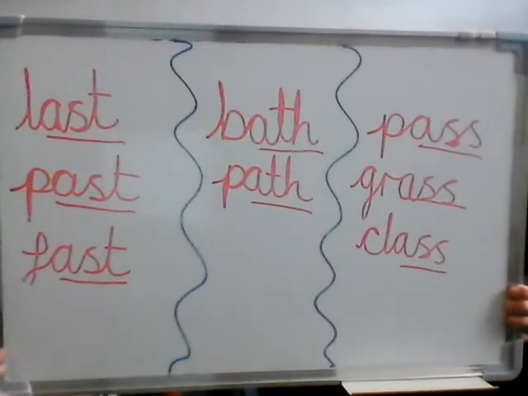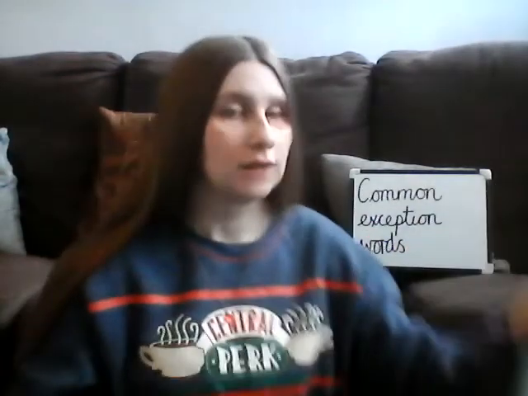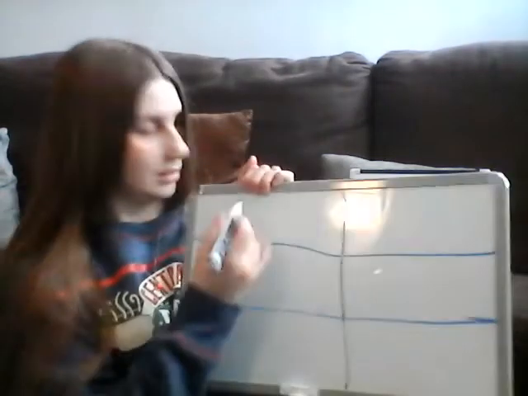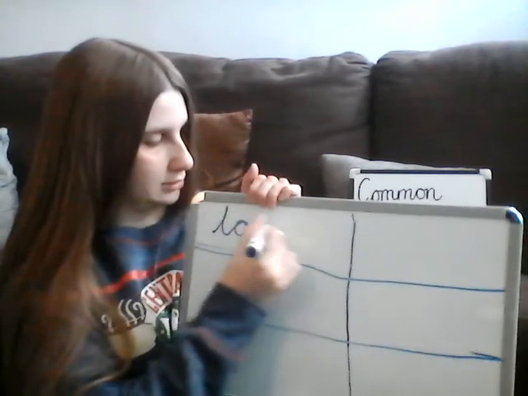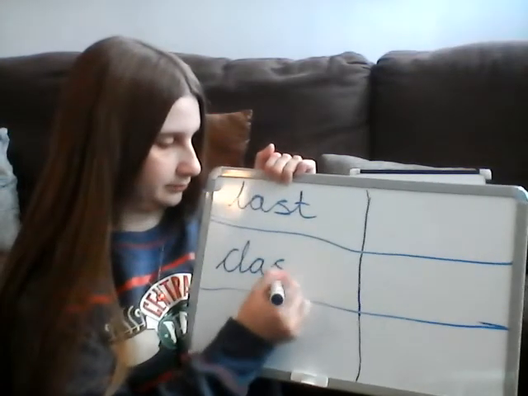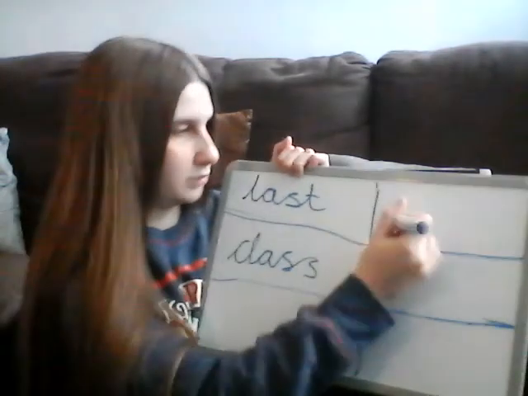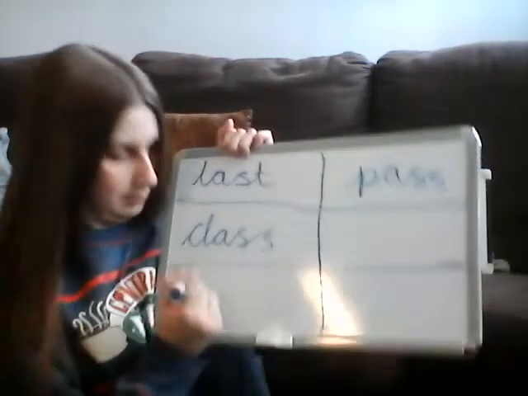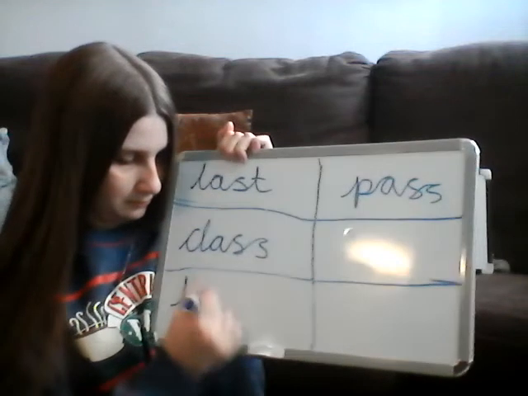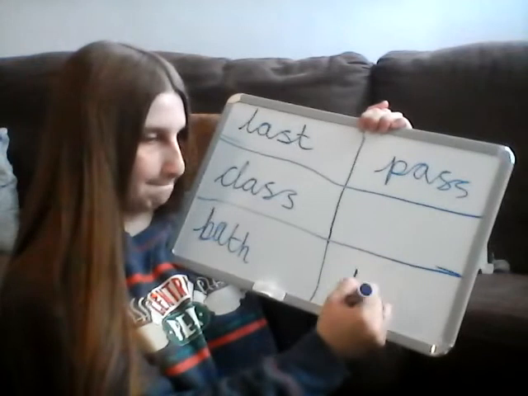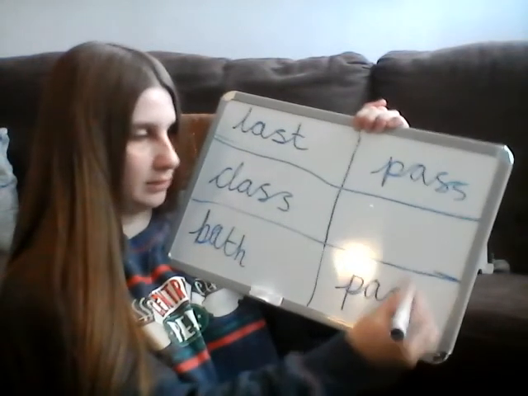So when you have chosen your words, you will write them in the boxes. For example, I could have last in this one. I could have class in this one. I might want pass over here. I might want bath in that one. Then I could have past down here.